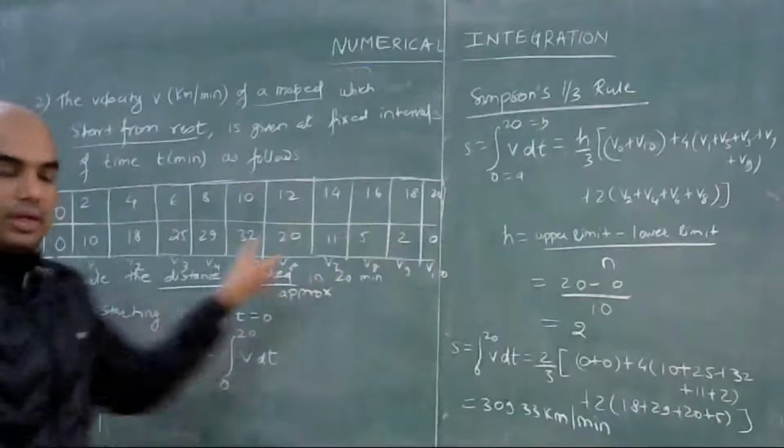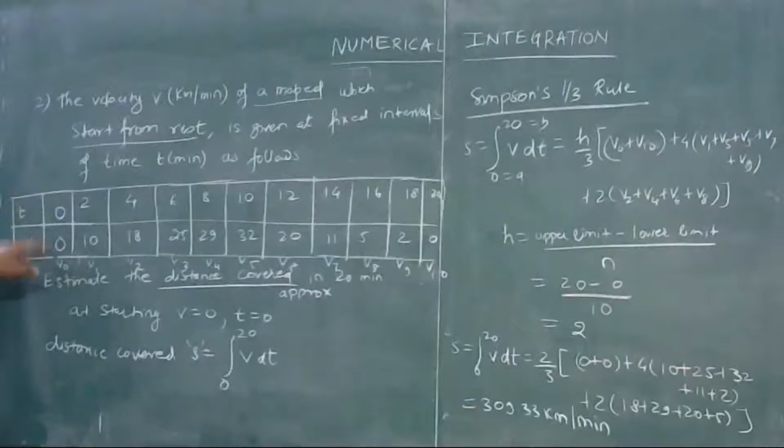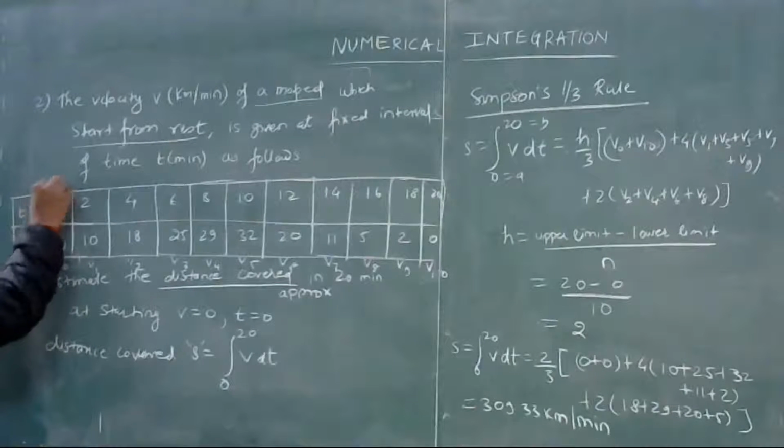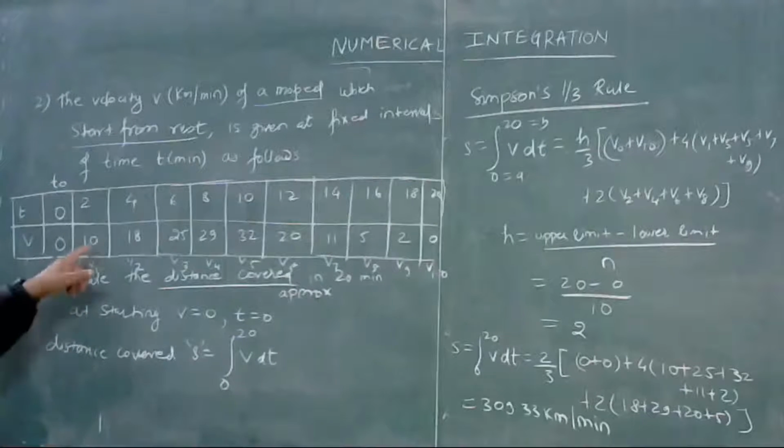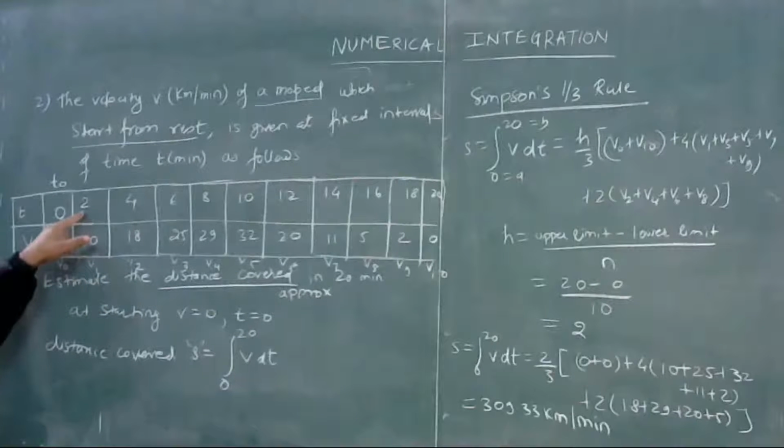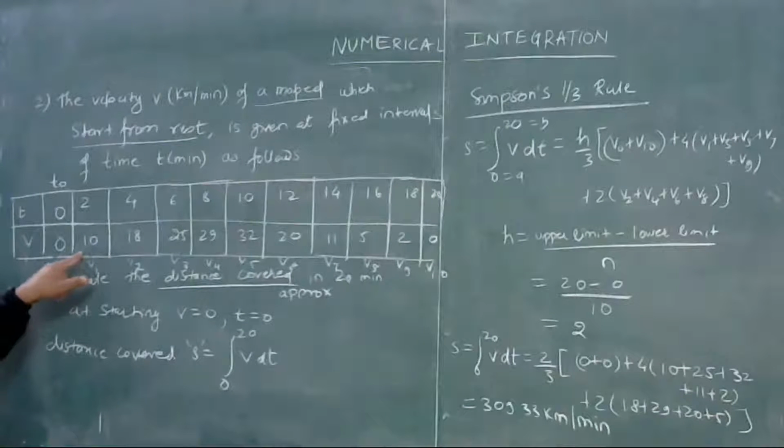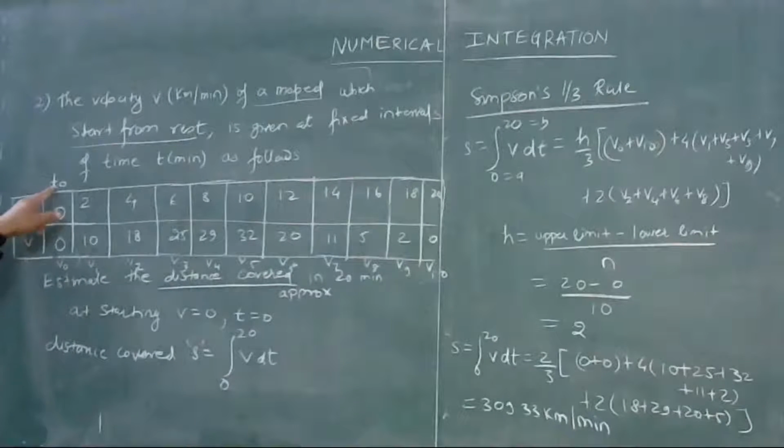One thing you should remember: in the table you should incorporate the values of t naught and v naught. The simple mistake we make here is to skip them, so you should consider the values of t naught and v naught also. So this is the application of Simpson's rule.